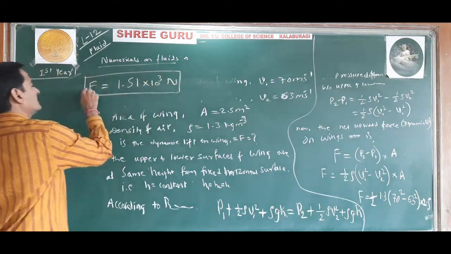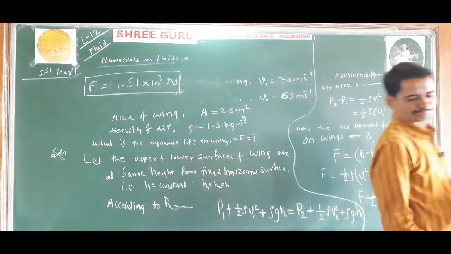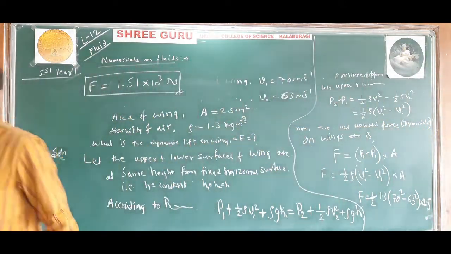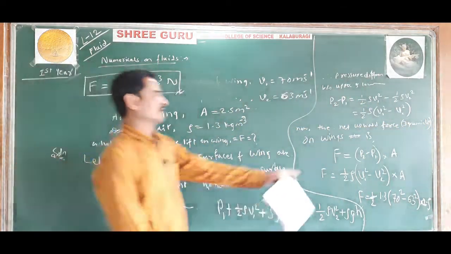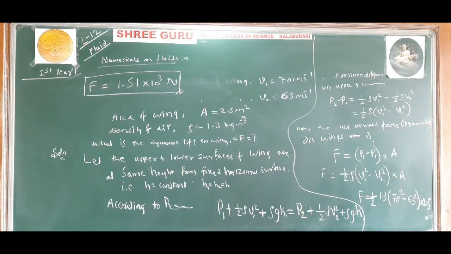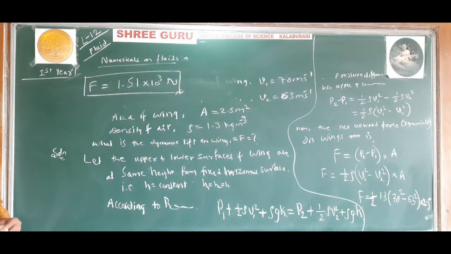This is how you have to solve the numericals. The calculation part is left to you people, and I am telling all about physics. So this is how you have to get the answer by using the Bernoulli's theorem. So this is based on the Bernoulli's equation.